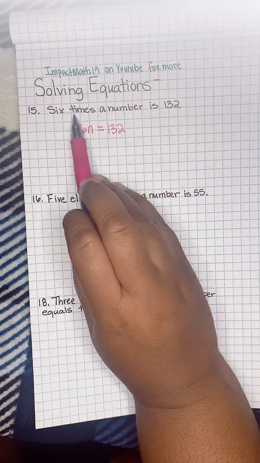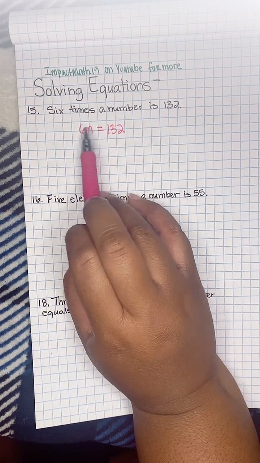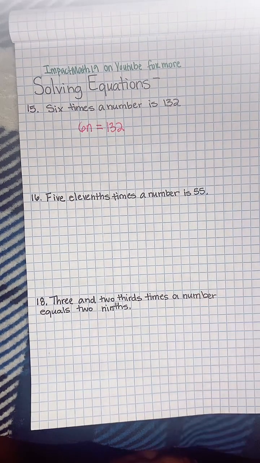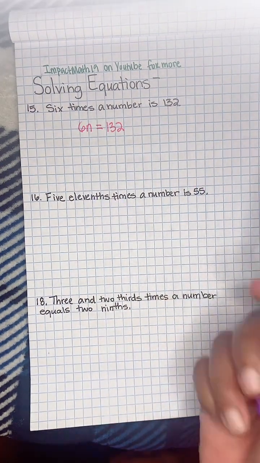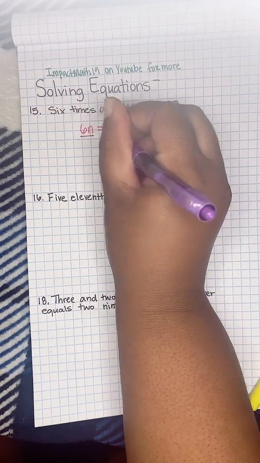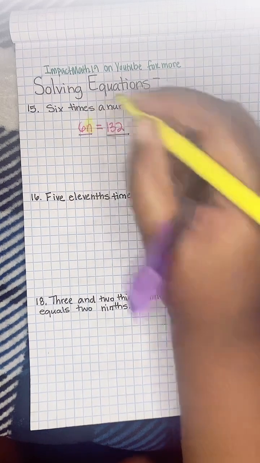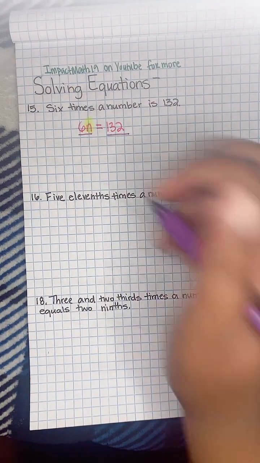Remember, when we show times between a number and a letter, we squish them together. Now if we have to solve this, we're going to undo times, which is divide. But what you're dividing by is the number that's with that letter, which is 6.